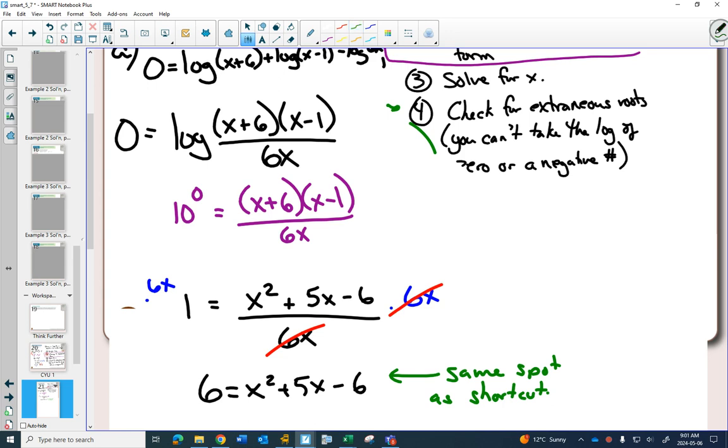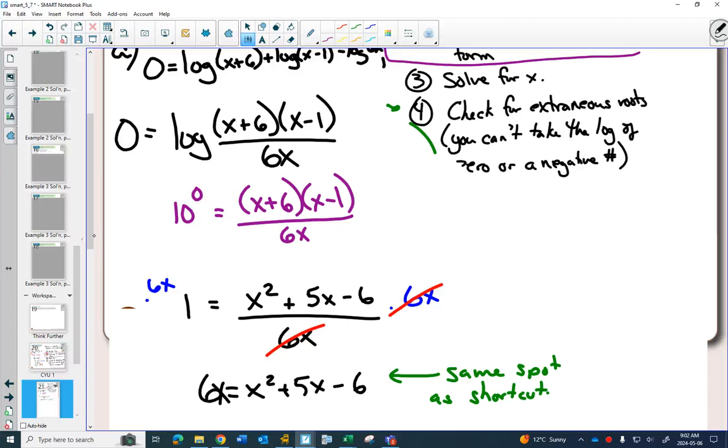And at this point, we got to the same spot as we did in our shortcut. We got to the same place, and they were both equal. So from here, everything else would be the same. It would be 6x. Thank you. So this part here with the purple step, if you have one side as 0, you still can change it.